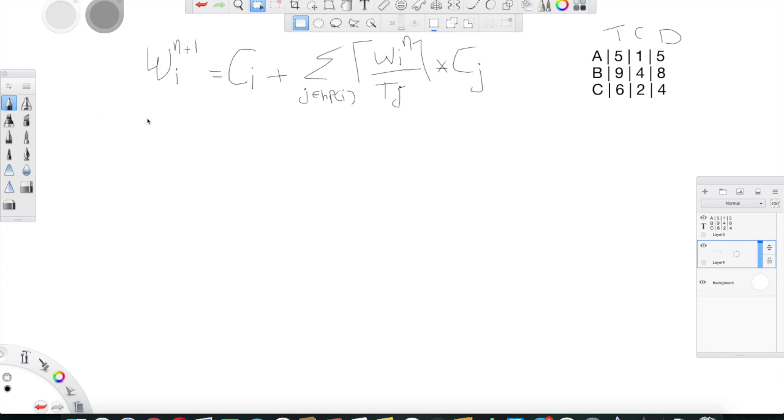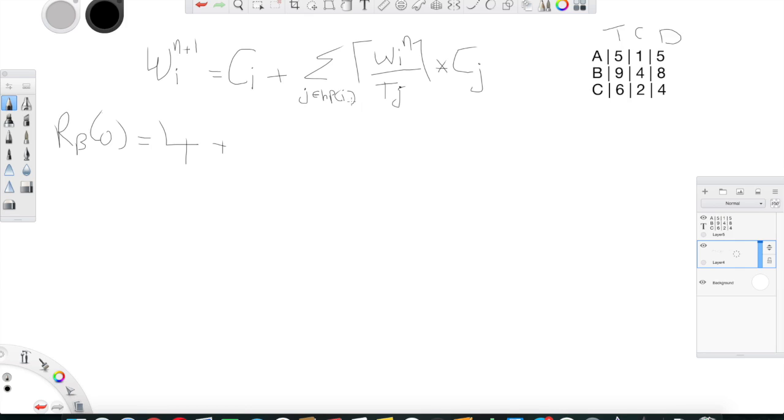Okay, so if we draw here, no, I want the drawing. R_B(0) will be equal to the computation time of B, which is 4, plus the summation over j belonging to the higher priorities of i.